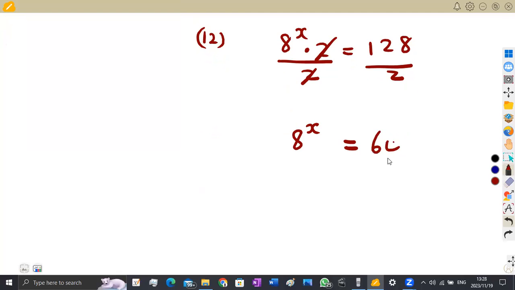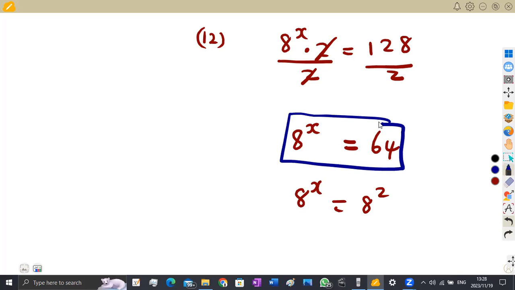It's up to you now to write your 8 as a number in terms of 2, or to just write this 64 as a number in terms of 8, because we know that 64 is the same as 8 to the exponent of 2. So you can write it that way. Yes, you could have, from this stage, changed your 8 to be written in terms of 2. 2 to the exponent of 3, then you multiply by x, which is going to be 3x, equal to 64 in base 2, which is 2 to the exponent of 6.